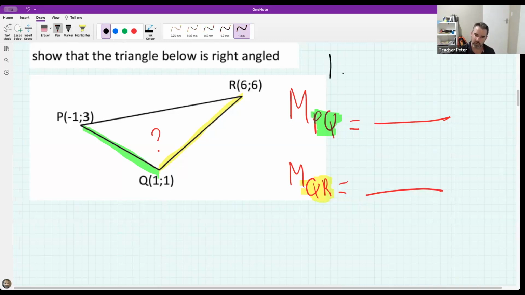If you've forgotten what the gradient formula is, it's just going to be that. So let's do the green one.